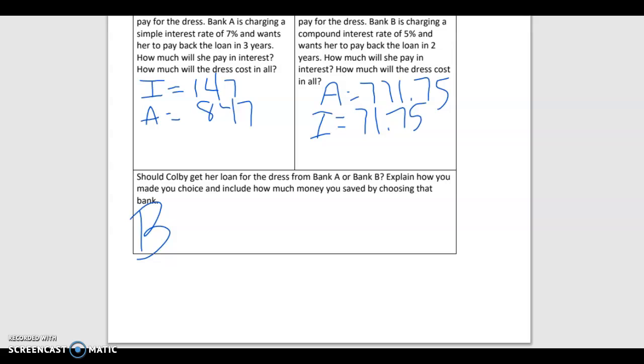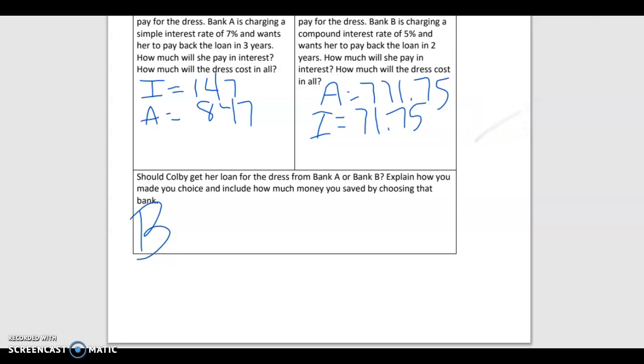So let's explain how you made your choice. So my choice is that in the long run, B saved me money. So then I ask, how much money did she save by choosing B? And so that's where I say, okay, well, I had $847 that I was going to pay at Bank A. Bank B was going to charge me $771.75. Sorry, and I told you decimals are really hard to write on here.